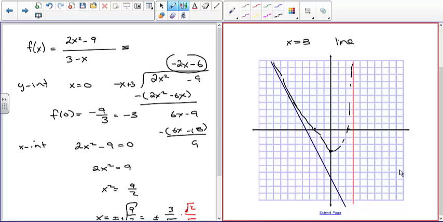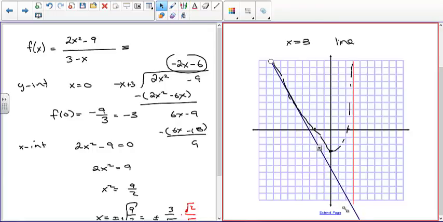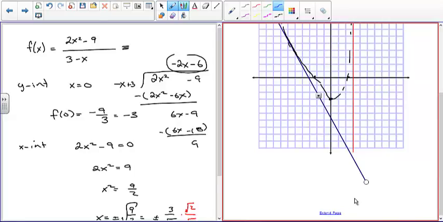So this line keeps extending like that, so this ultimately has to follow this line. You have to extend this thing down. It actually would come up like this and then loop around like that. So this would approach the vertical asymptote, and this would approach the slant asymptote.